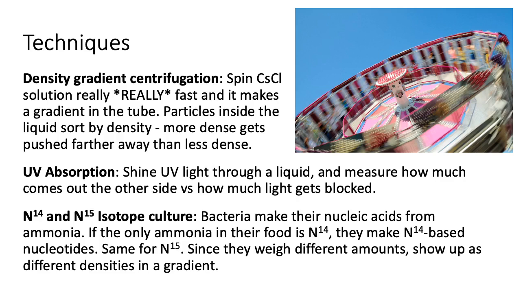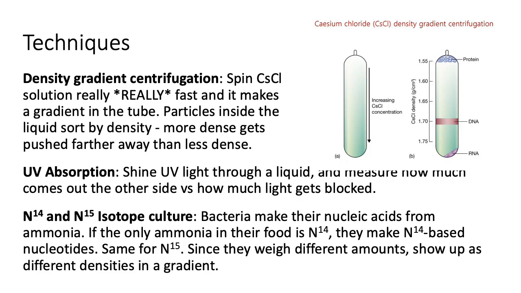And mass per unit size is volume and density. So whether you have bacteria building their nucleic acids from N14 or bacteria building the nucleic acids from N15, they will centrifuge differently. And this is just a visual example of that.